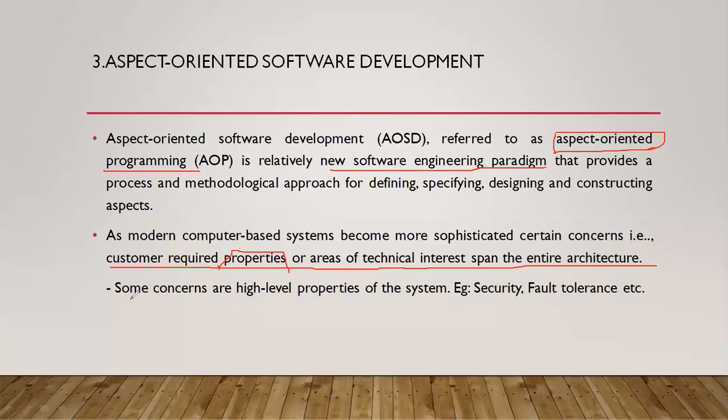Some concerns are high level system properties, those are security and fault tolerance. He may ask about your technical interest, which means please develop my project using Python language or C language or CPP or Java, like that. That is technical interest.